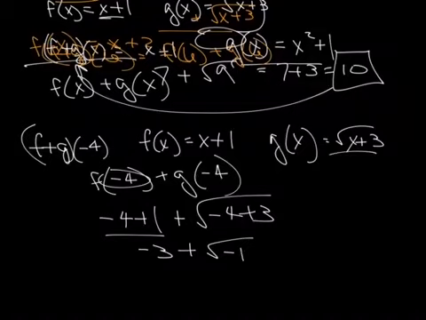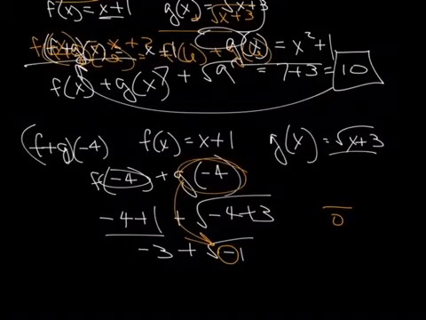Okay, one of the problems with this is, remember when we were talking about domains, we said two things. It will not work if it makes your denominator 0, and it will not work if it makes your radical negative. So that being the case, since this negative 4 makes our radicals a negative, negative 4 is not in the domain of g.